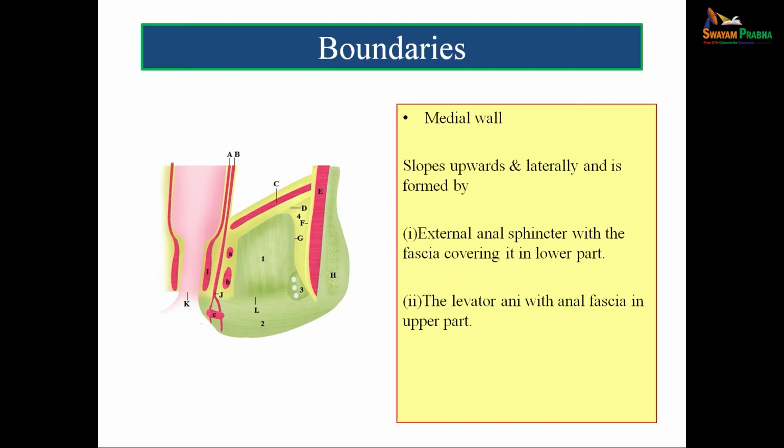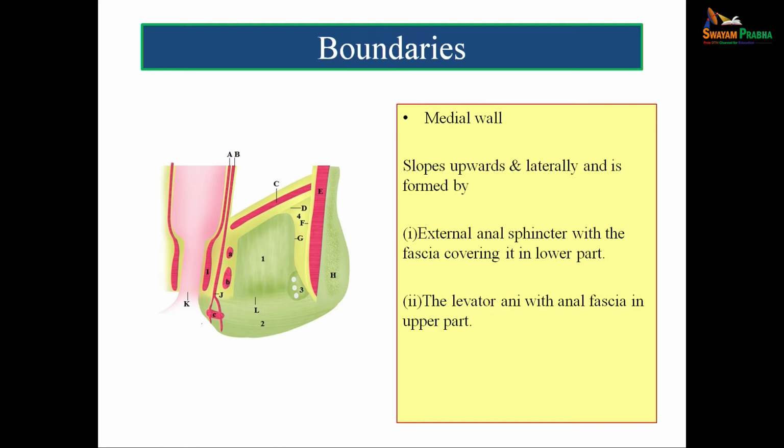Now we come to the medial wall. I told you the medial wall is oblique. It slopes upwards and laterally, and where the lateral and medial walls meet, that point is the apex. So the medial wall is formed by which structures? The medial wall is formed by the external anal sphincter.